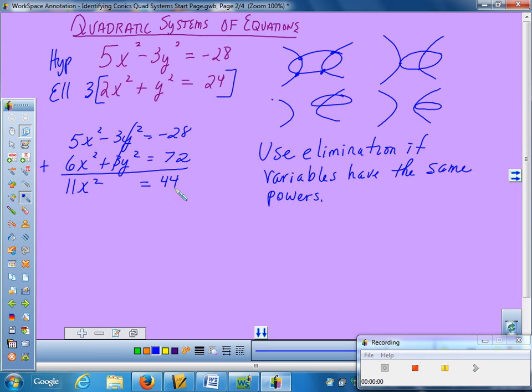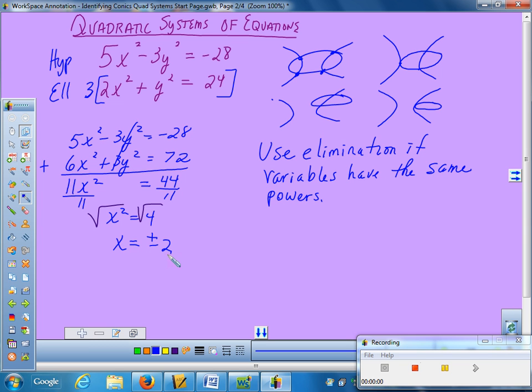Is that good news or bad? Yeah, that's very good, because then I can divide by 11. x squared equals 4. So then if I square root both sides, x equals what? Thank you, plus or minus 2.